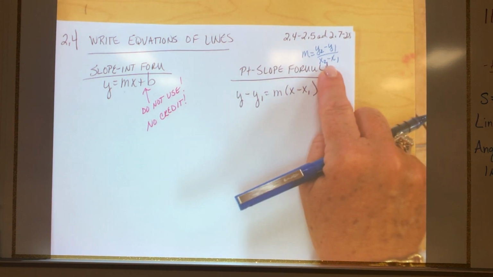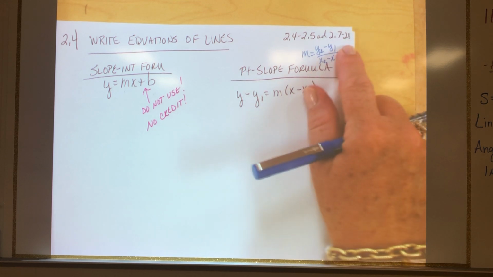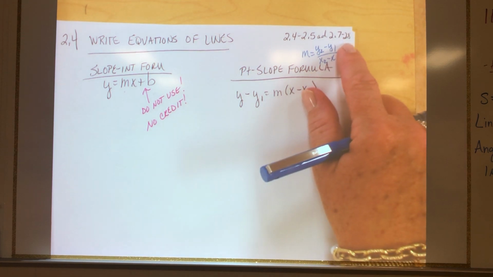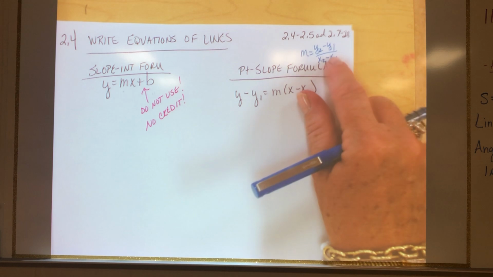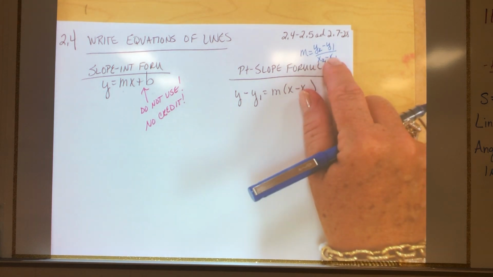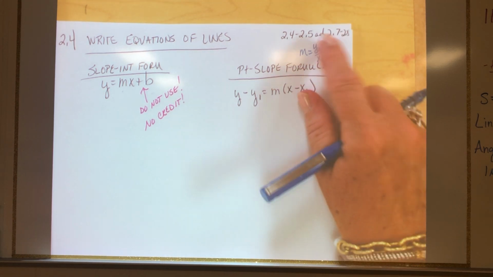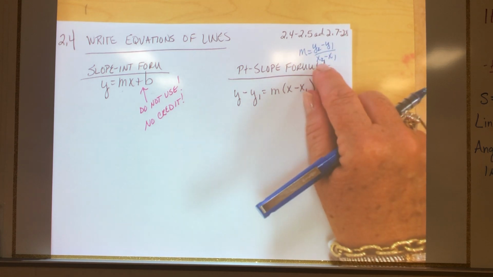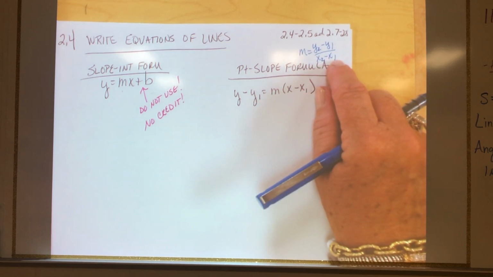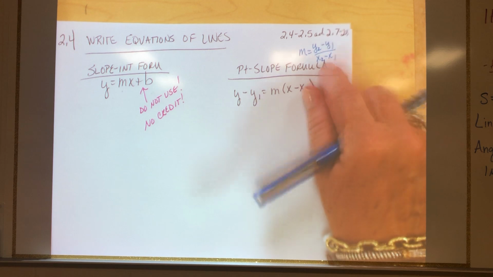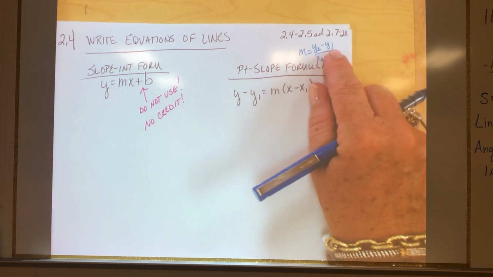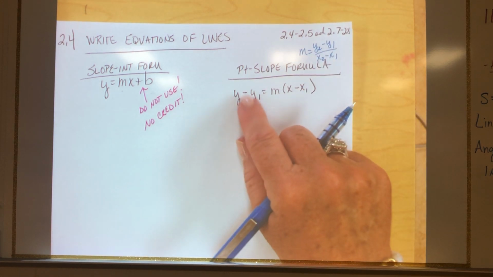That's the slope formula, right? If I multiply this side by x sub 2 minus x sub 1, would these two cancel out? If I multiply this whole fraction by x sub 2 minus x sub 1, which is this denominator, wouldn't those cancel out? Yes. And you'd be left with y sub 2 minus y sub 1.